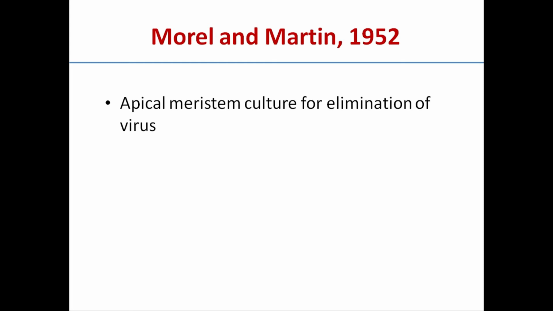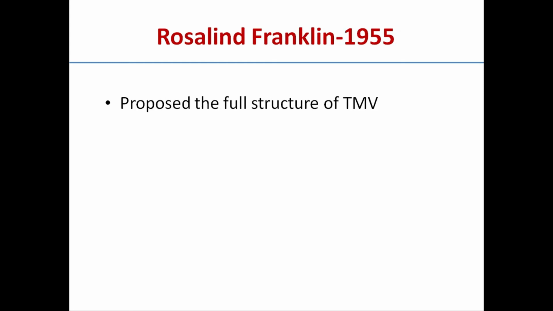So apical meristem culture can be used for elimination of virus from plant to get virus-free plant from an infected plant. Franklin in 1955 proposed the full structure of tobacco mosaic virus.